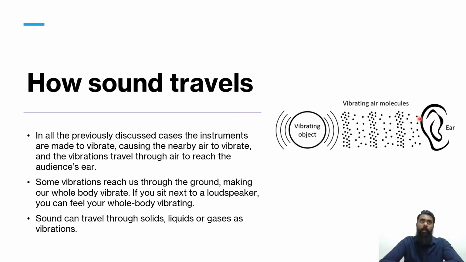For example, when we are near a construction site, sometimes they have heavy machinery operating. These vibrations travel through the ground and the whole area around it is made to vibrate, and we can feel these vibrations in our body. Also, if you sit next to a loudspeaker, you can feel your whole body vibrating.